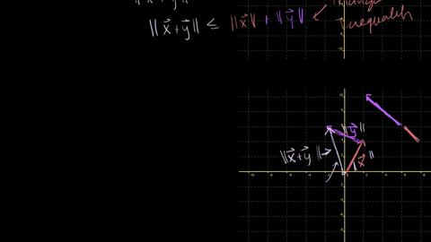So this is vector x, this is vector y. Now x plus y will just be this whole vector. And this is the case where the triangle inequality turns into an equality. That's why that little equal sign is there. The extreme case where essentially x and y are collinear. And why does that work out?